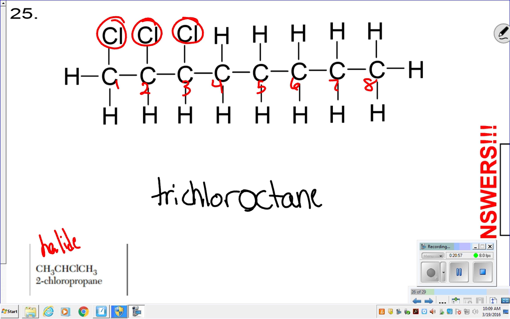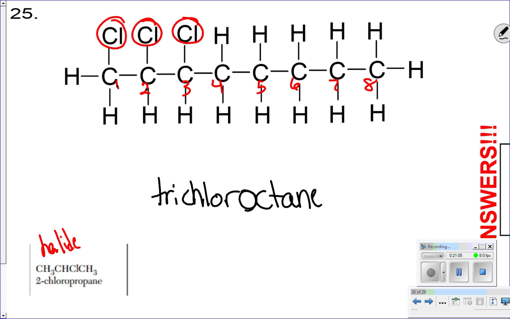So since I have 3 chlorines, I have to use the prefix tri in front of chlorine. I also have to tell people where they are. So I have 1, 2, 3 trichlorooctane. It's important that if I have numbers for 3 things, that I'm talking about 3 things. So 3 numbers here goes with that tri prefix there.